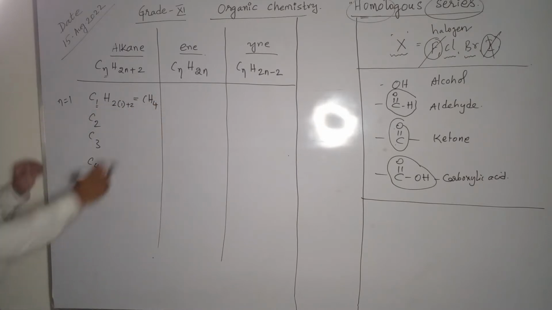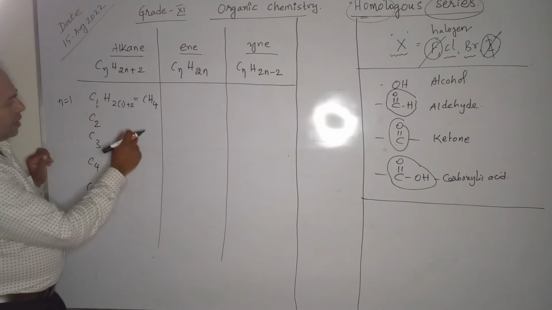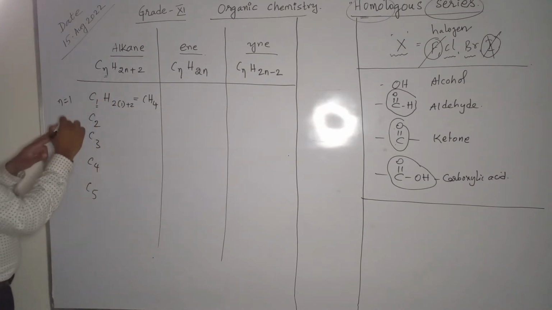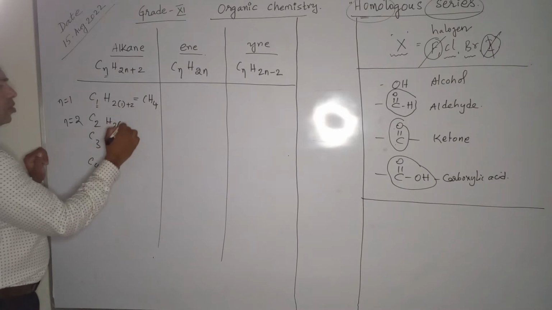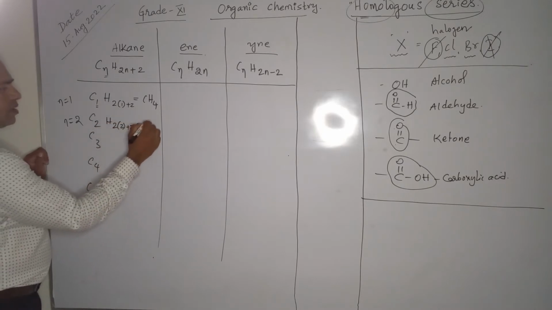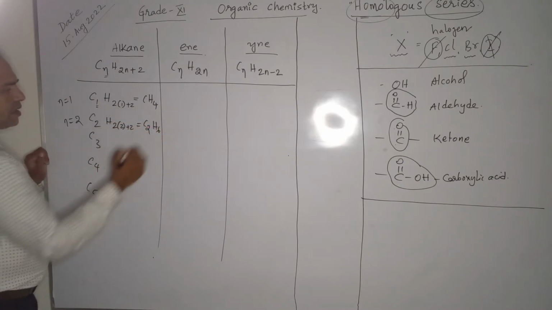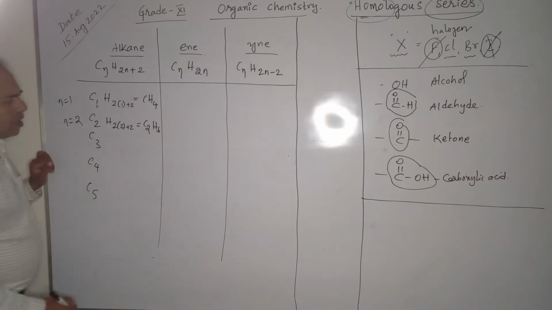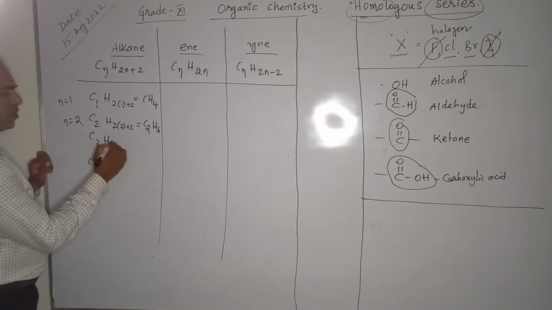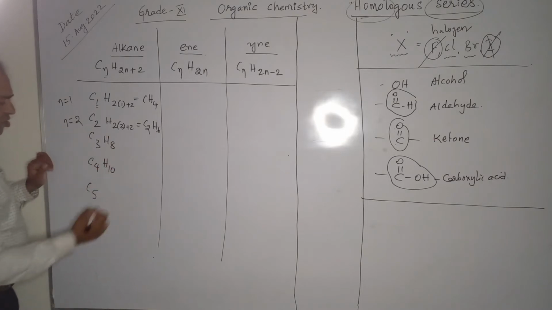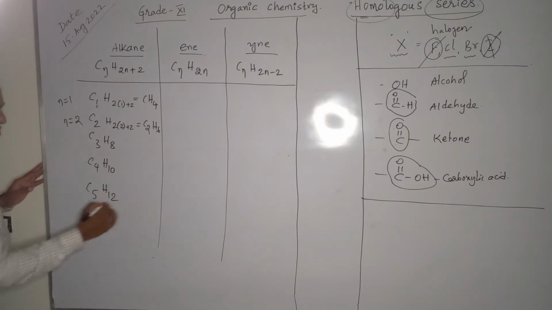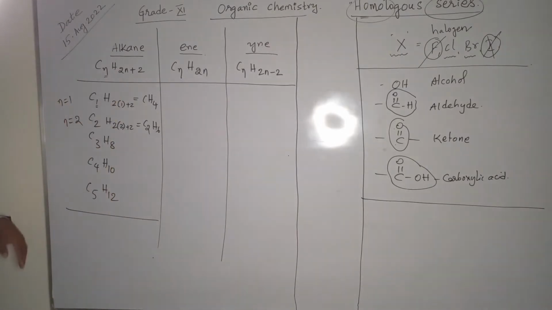CH4. You know it is methane. Next, the same way substitute n equal to 2. So here you will get 2 into 2 plus 2, that is C2H6, ethane. Next, C3 you will calculate and get C3H8, C4H10, C5H12. Like this I have written the series.